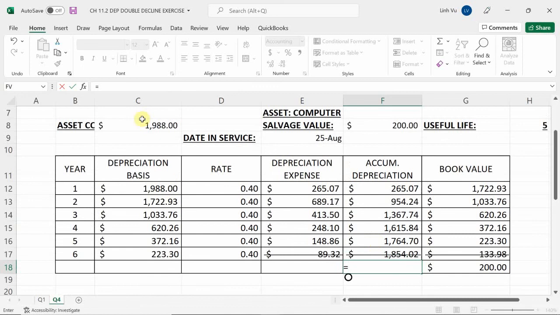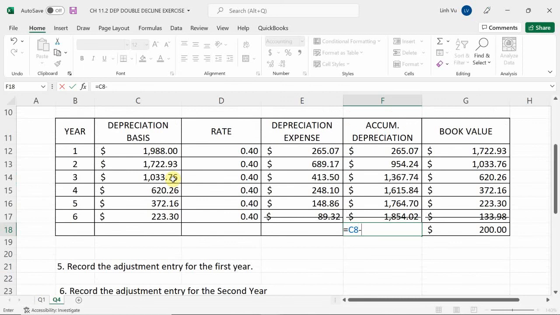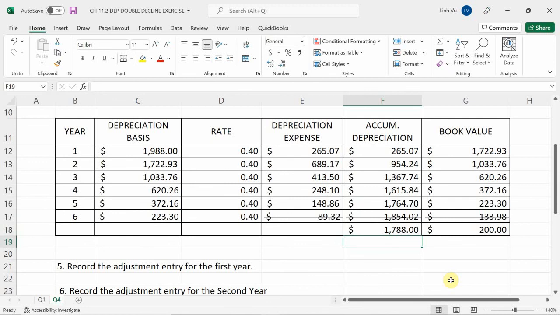My cost of the asset is 1988, minus my book value of 200. So what should be my accumulated depreciation now? So it would be 1788. Okay. All right.